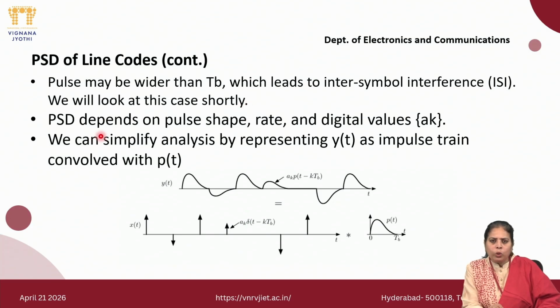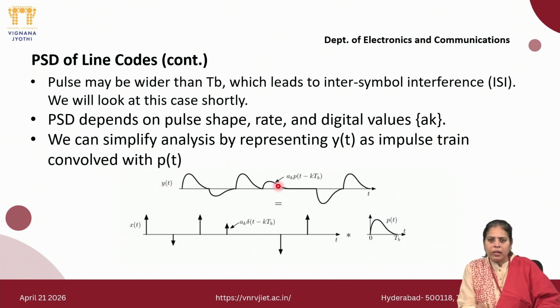Now, how do we compute the PSD? The PSD will depend upon what pulse I am going to use, what its shape is, the rate at which I am transmitting my digital signal, and what values are being transmitted, which is represented as a_k. Now let us simplify analyzing this by representing our y of t as an impulse train convolved with p of t.